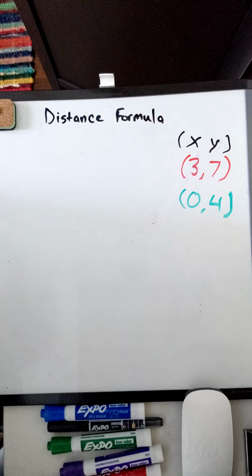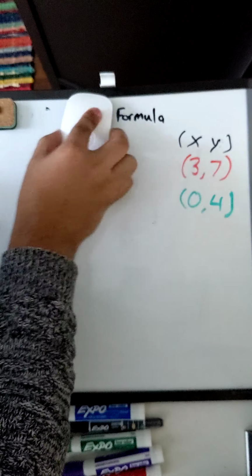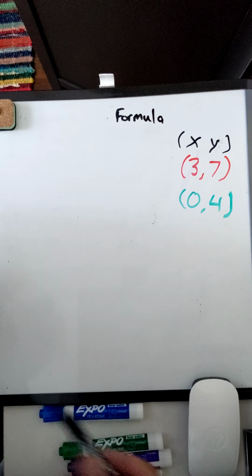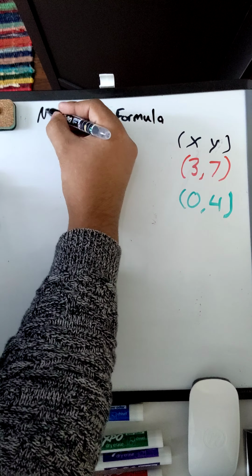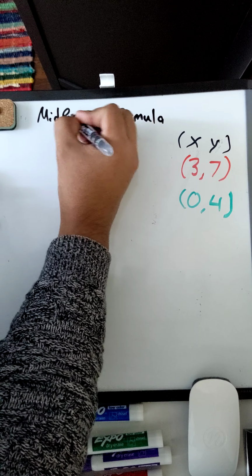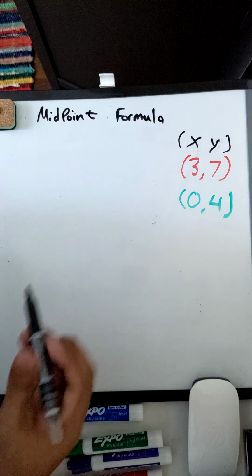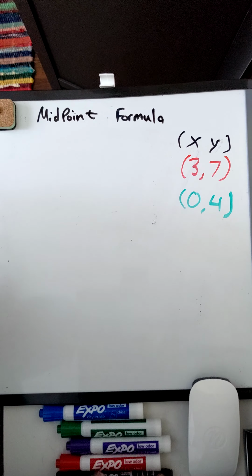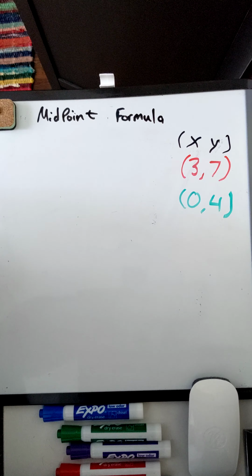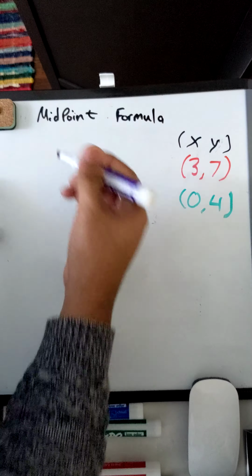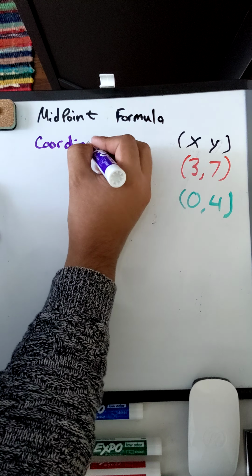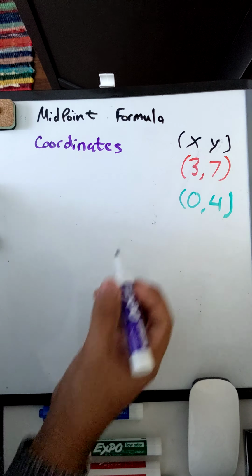Welcome back, guys. So now we're not going to do the distance formula. We're going to keep the same points that we used from the distance formula, but now we are going to do the midpoint. The midpoint formula is a formula that gets us the coordinates of our midpoint.